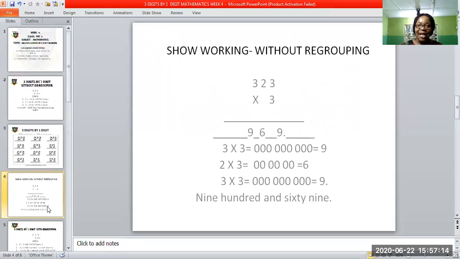Getting to your answer, you count a number a specified amount of times. 3 times 3 demands that you count 3 in 3 groups. 2 times 3 will demand that you count 3 in 2 groups or 2 in 3 groups. Are we together? Very good.